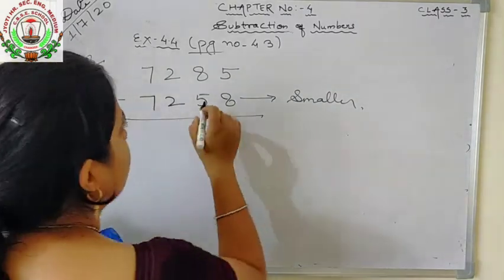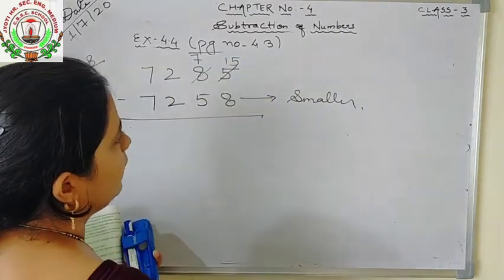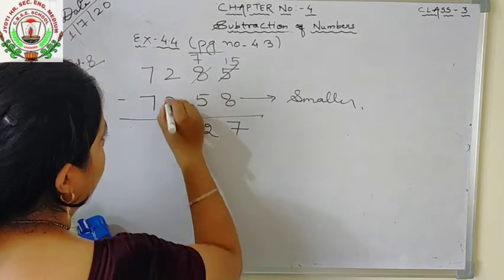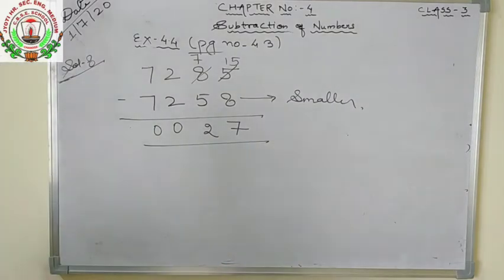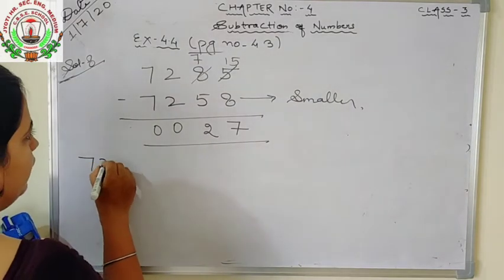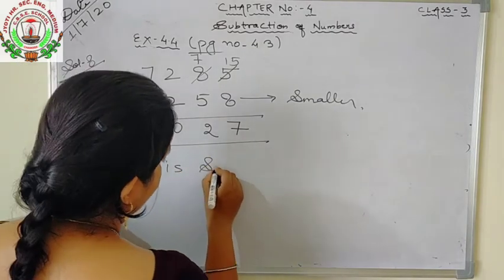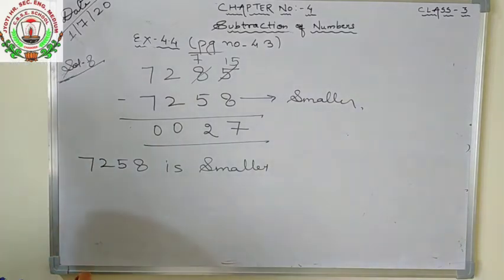Okay, so 7, 15. 15 minus 8 is 7. 7 minus 5 is 2, 0, 0. So what will be the answer of this question? You will write 7258 is smaller, and by how much?